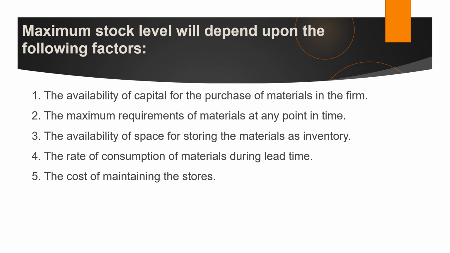By storing a larger amount of stock, we incur sometimes more electricity, sometimes more security, more insurance. Then, if the cost is high, we have to make a balance. Therefore, we have to decide what is the cost we can bear in maintaining the stores. Based on that, we have to decide the maximum stock level.